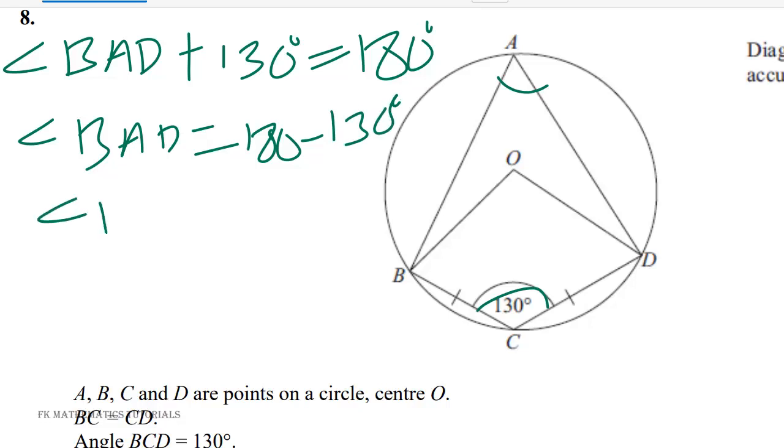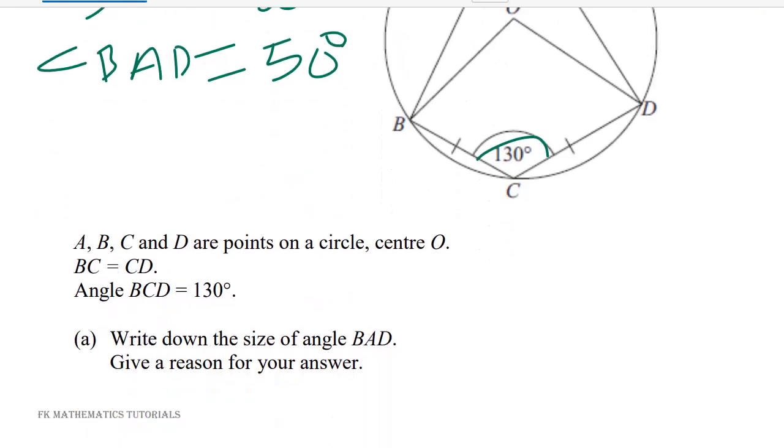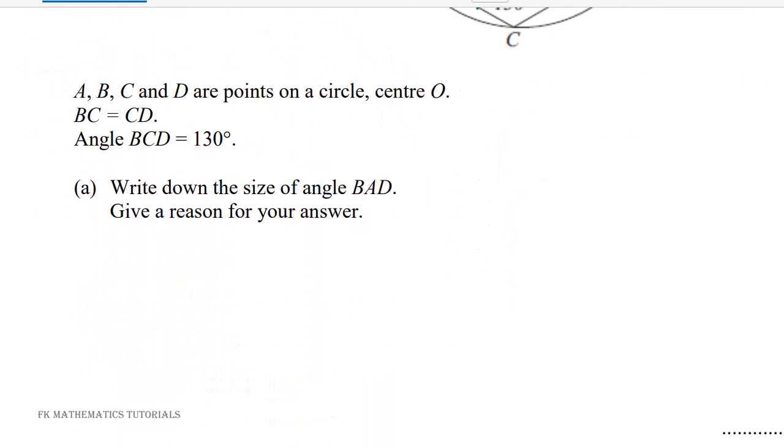So angle BAD is equal to 50 degrees. So we can include the reason: opposite angles of a cyclic quadrilateral. Work out the size of angle ODC.